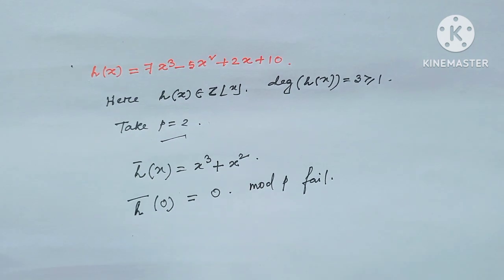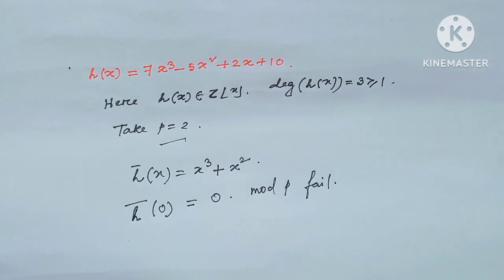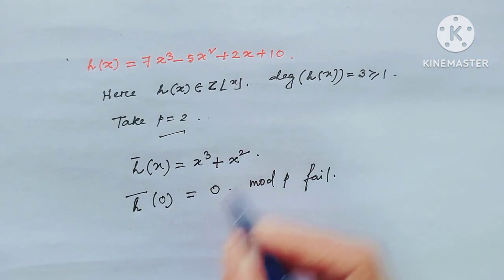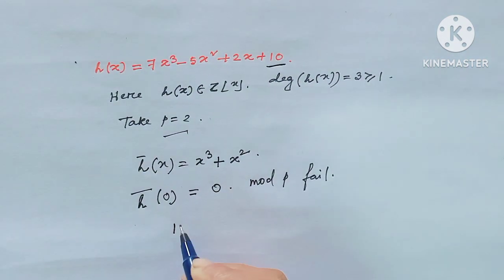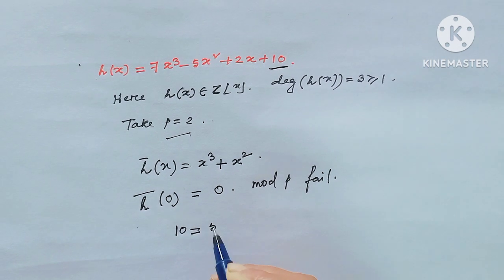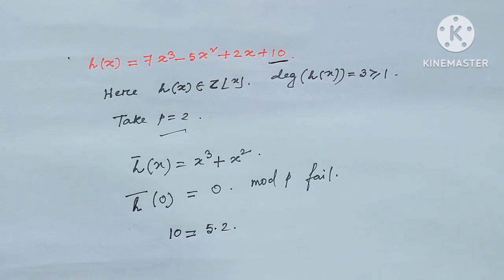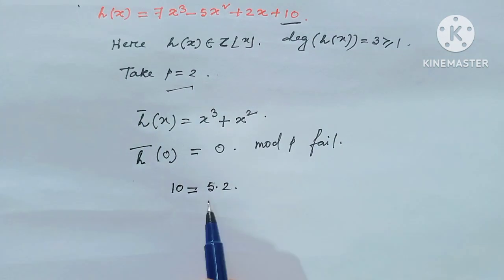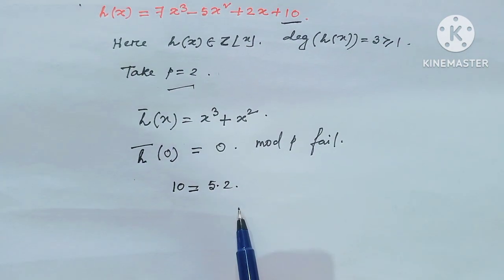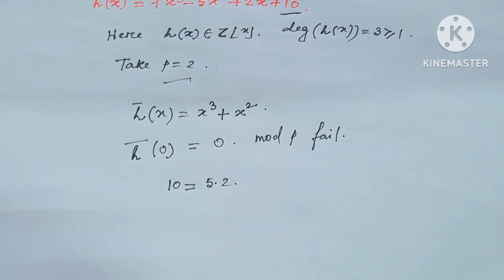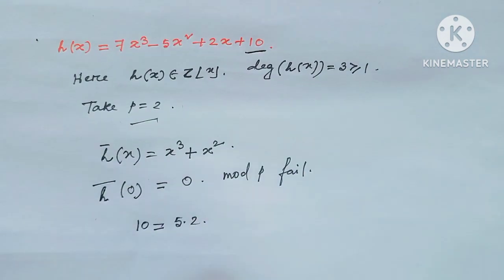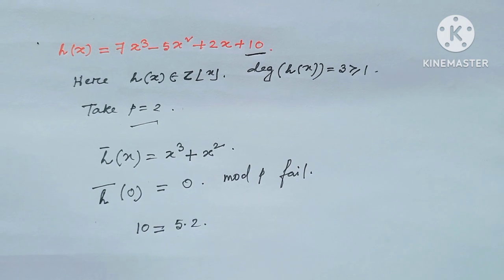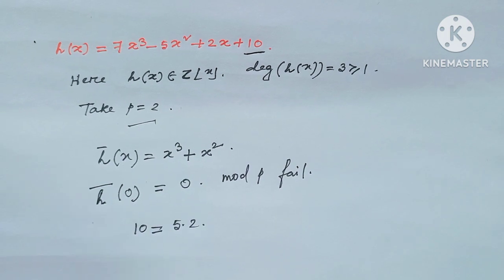Then my question is, which type of prime number can we choose? Since the constant term is 10, we can write it as 5 times 2. So if we choose p equal to 5 or p equal to 2, then the constant term would vanish, and if the constant term vanishes, then obviously it has a root.